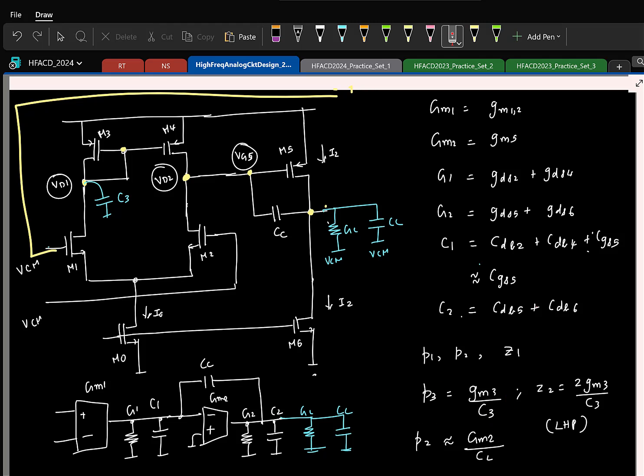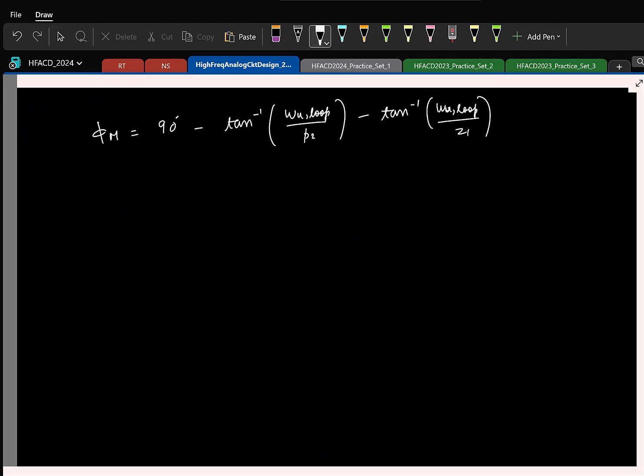In other words, the additional pole coming because of this guy is occurring at a much higher frequency than your non-dominant pole. So typically it's okay. But you should have it in mind that if that is not the case, this guy can introduce an additional phase lag. So the phase margin can be slightly smaller. Just have it at the back of your mind. Okay. So I'll stop now.